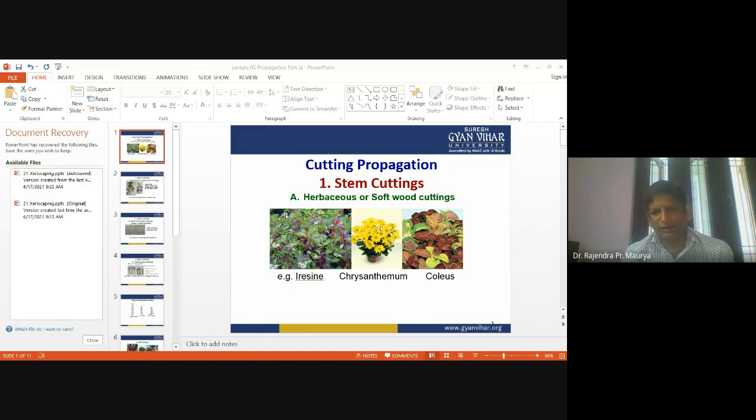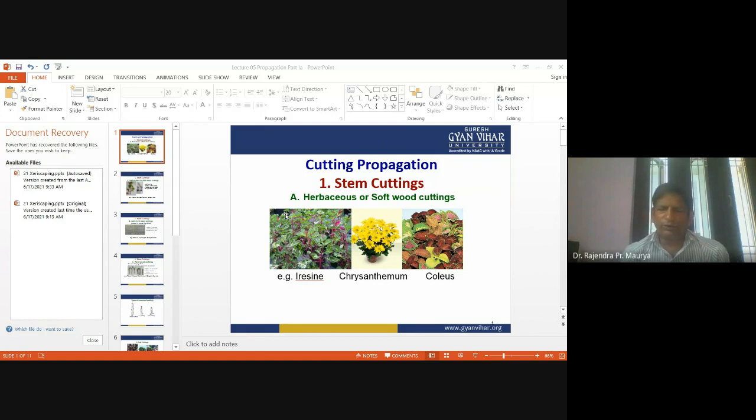If this leaf is too heavy, then we have to remove some part of this leaf, and we have to apply water to maintain the moisture.